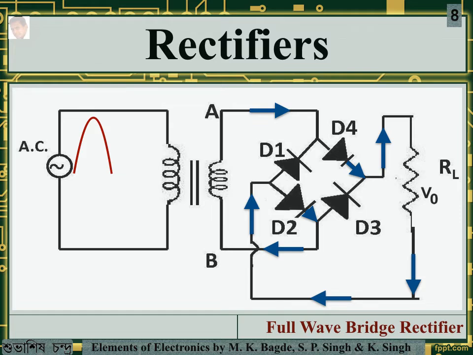In the negative going cycle, the current flows through B, D3, RL, D1 and A, and in this case diodes D4 and D2 remain reverse biased. So there are two cycles. For the positive cycle it is A, D4, RL, D2, B. For the negative cycle it is B, D3, RL, D1, A.